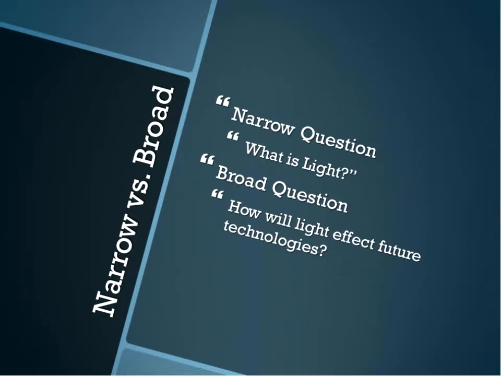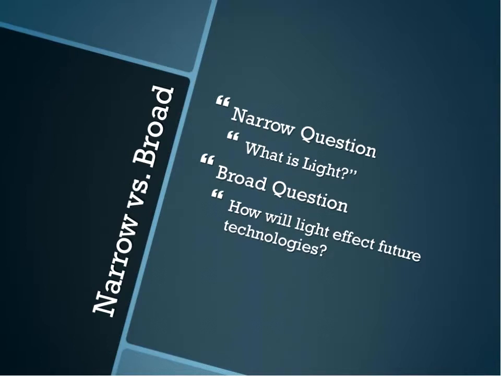Instead, maybe I ask a broader question like, how will light affect future technologies? If you'll notice and think about how you would have to respond to that question, you'll notice that my definition, my understanding of light is integrated into that particular question. If I don't understand what light is, then that affects my determination of the types of future technologies I'm going to choose.